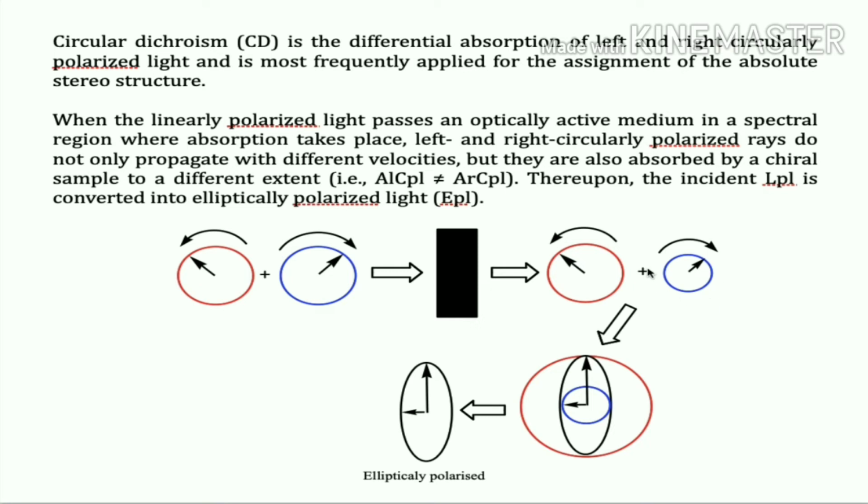Due to this difference in absorption, the rays coming out of this optical medium are going to form elliptically polarized light. Depending upon this ellipticity, we are going to get the circular dichroism spectrum.